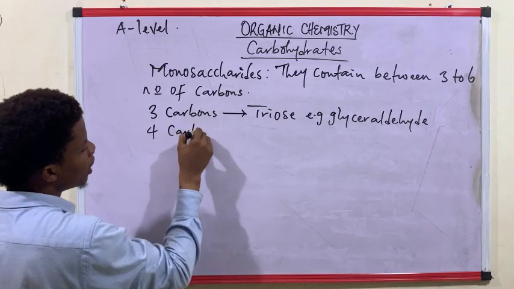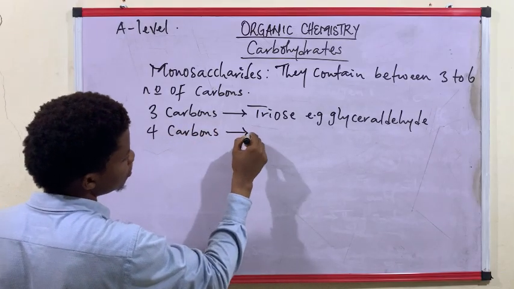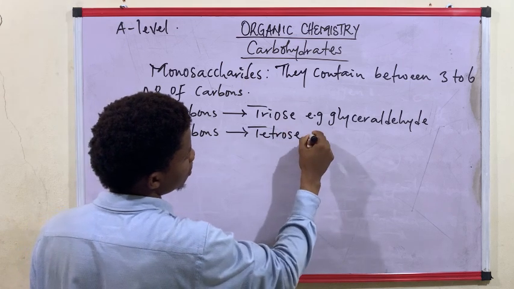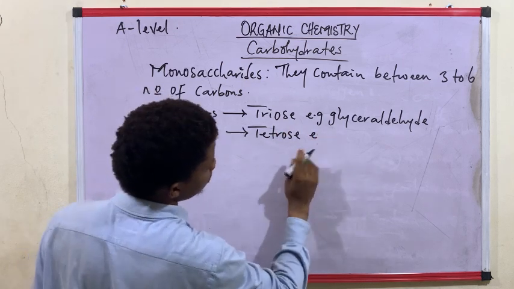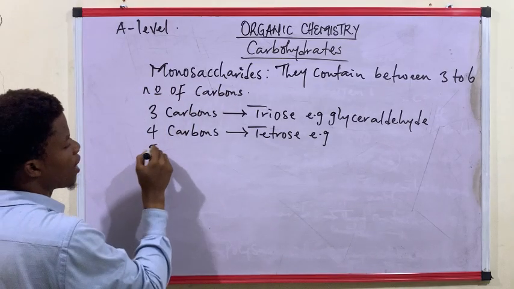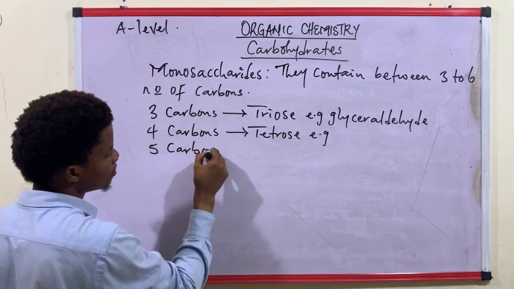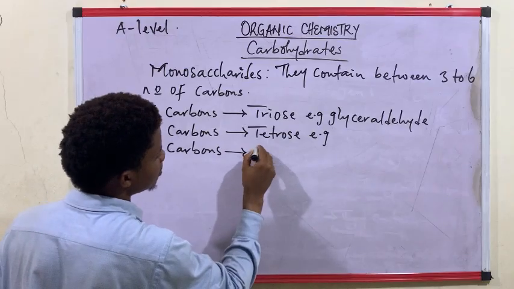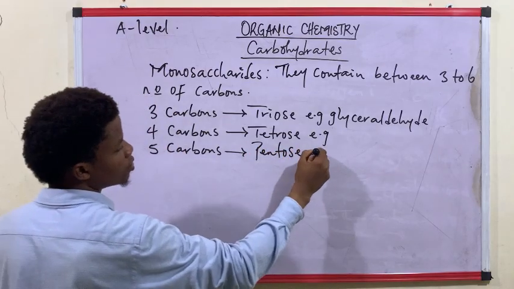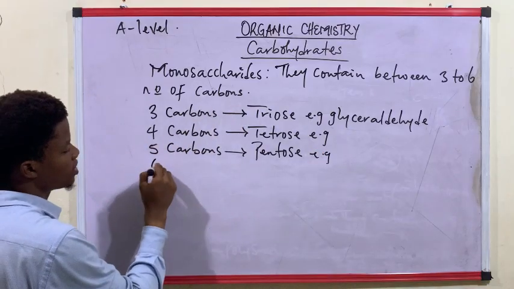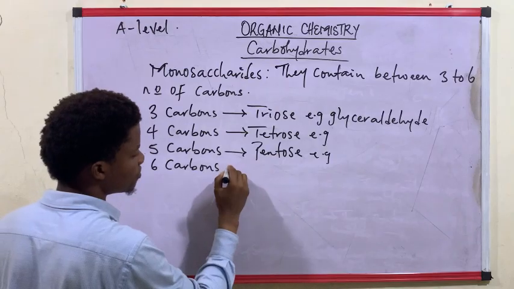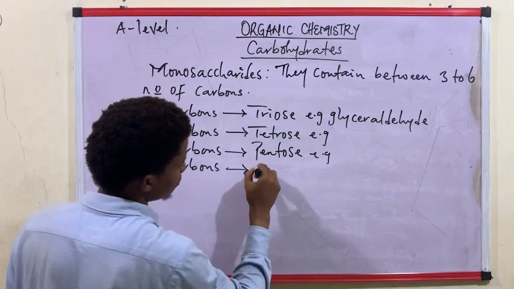Monosaccharides with 4 carbons are known as tetrose. We'll look at an example of that. The ones with 5 carbons are known as pentose, and the ones with 6 carbons are known as hexose.